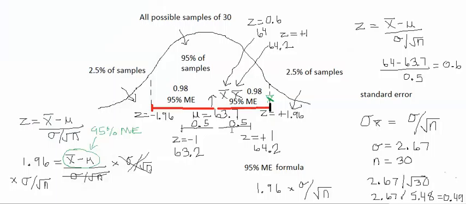So any sample mean above 64.68 is in the right tail over here. And any sample mean out beyond this other boundary would be in the left tail. It would be in the lowest 2.5% of the possible samples. So any sample mean that's more than 0.98 below the population mean is in the left tail. Any sample mean that's more than 0.98 above the population mean is in the right tail.